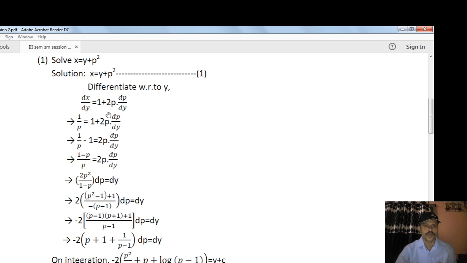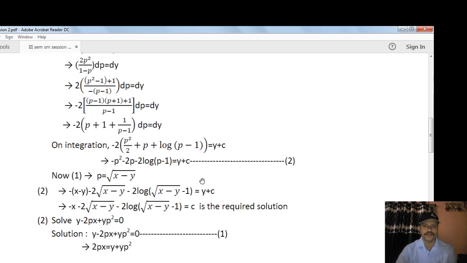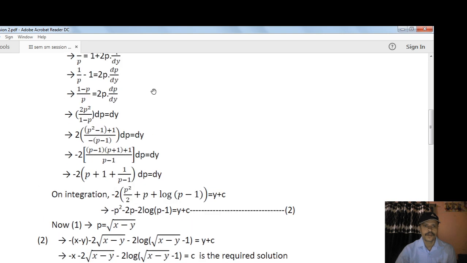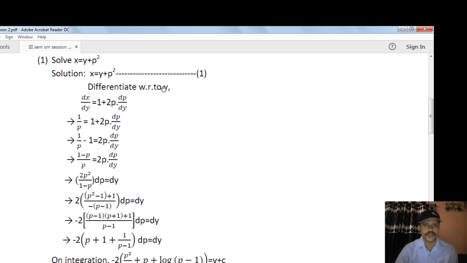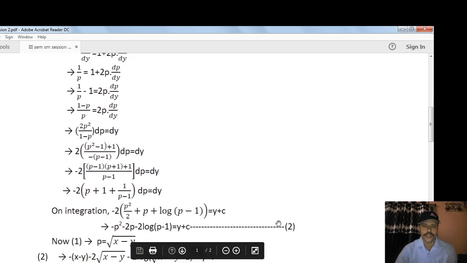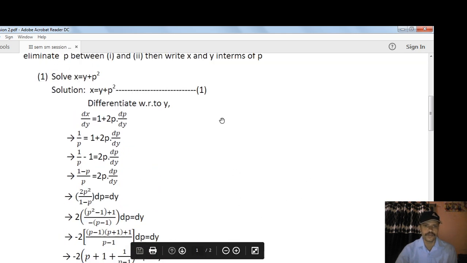Now the theory says eliminate p between 1 and 2. Find p value in any one of these equations 1 and 2 and substitute in the other equation.